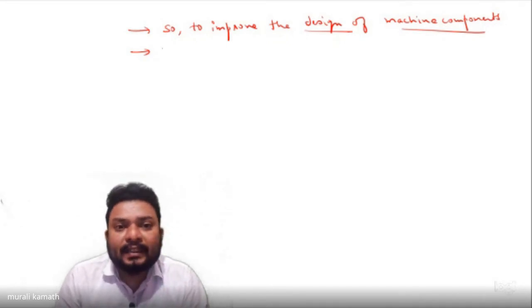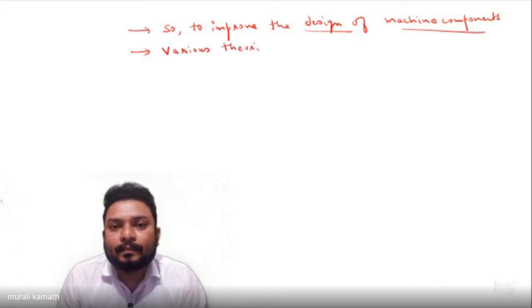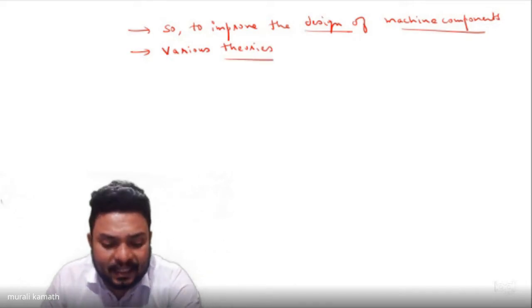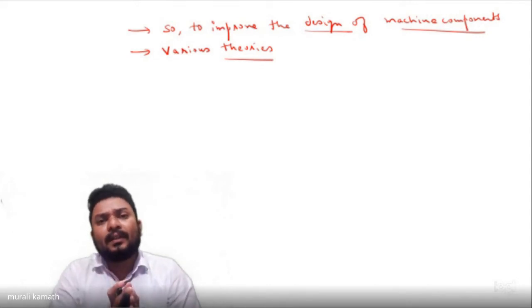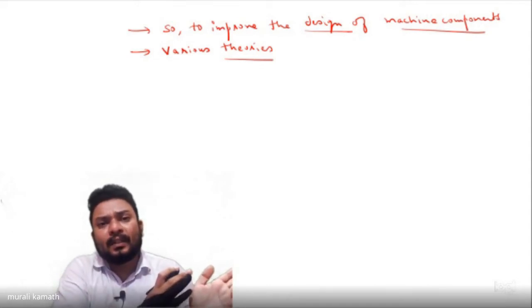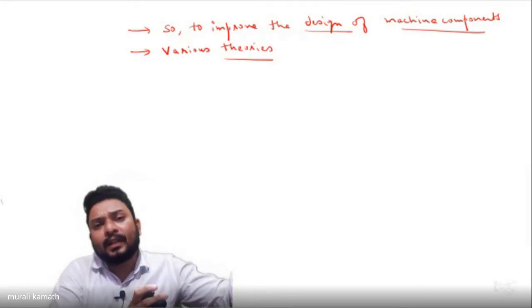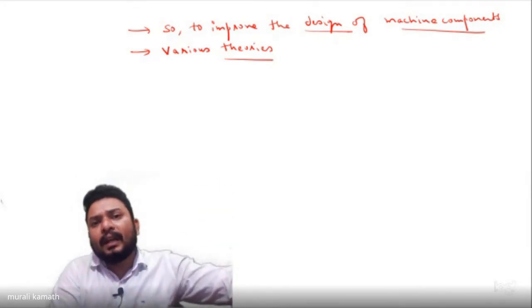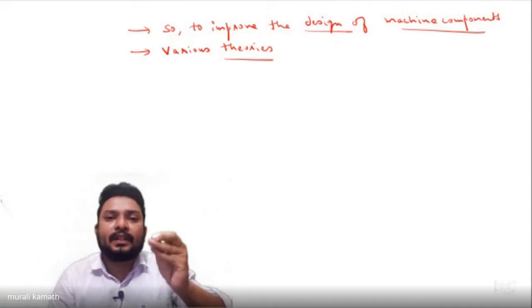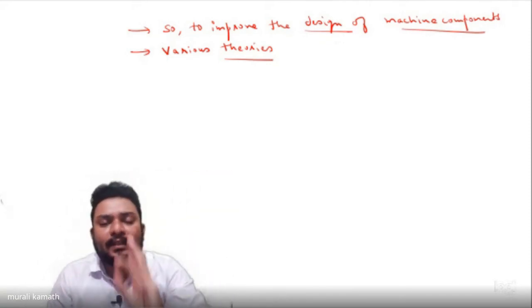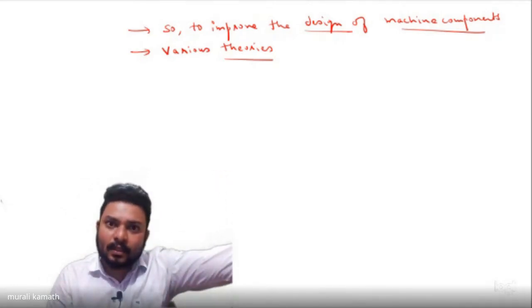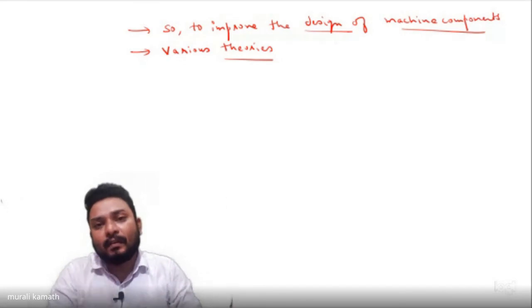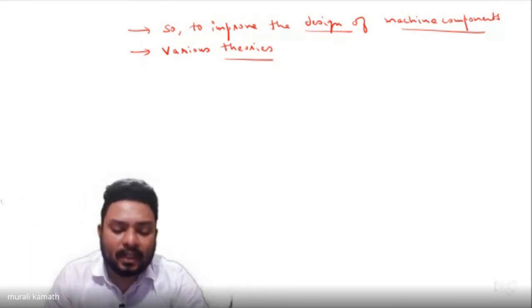So now there are various theories. Whenever we say theories, remember, in very simple terms, someone knew something in the past, that theory was given by someone, and that only we are learning. Someone gave some knowledge in the past, he understood it, he wrote it, and we are going to transfer it over here.